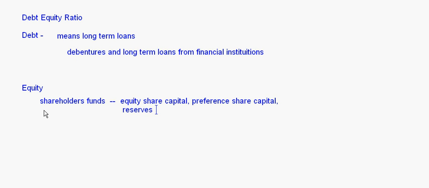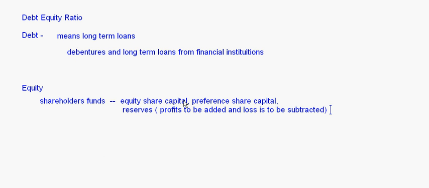If you have profit, then they have to be added to the reserves. So I'll write here profits to be added and loss is to be subtracted from reserves, right?